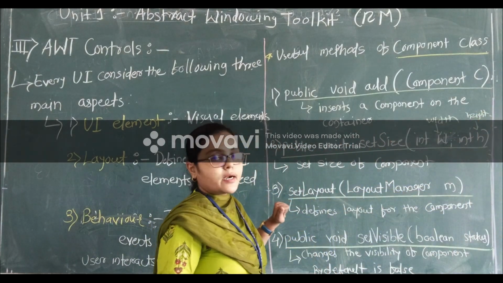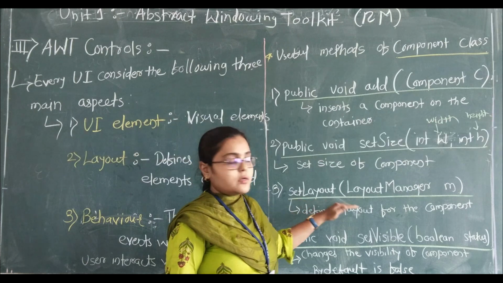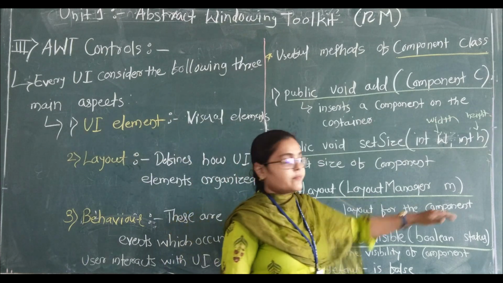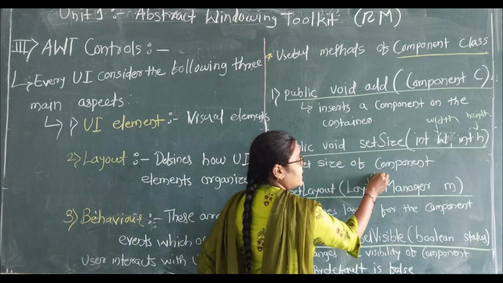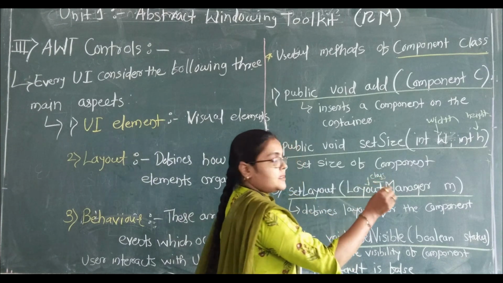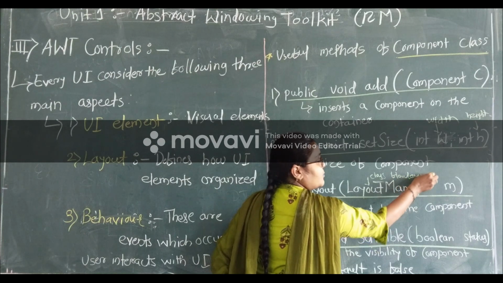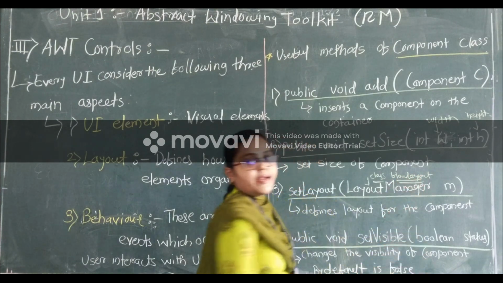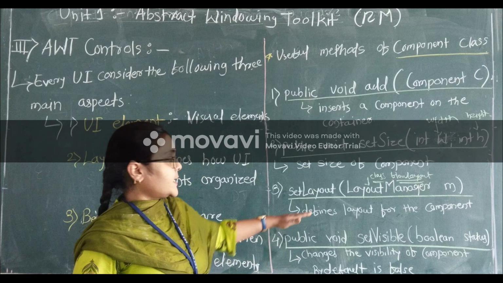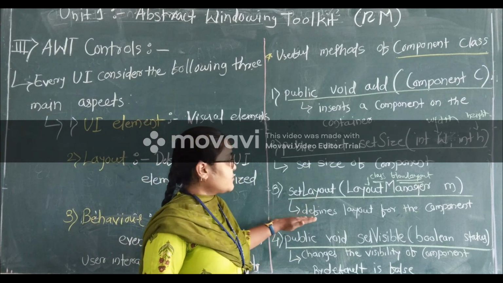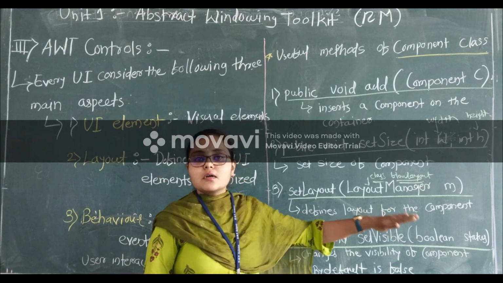The third method is setLayout(LayoutManager), and LayoutManager is a class. For example, if there is FlowLayout, I pass an object of FlowLayout to setLayout. This defines the layout for the component.